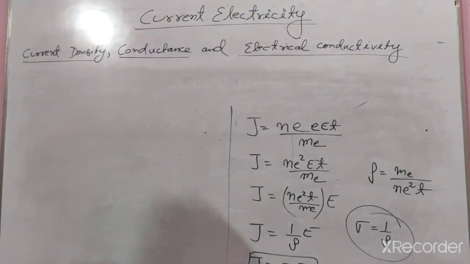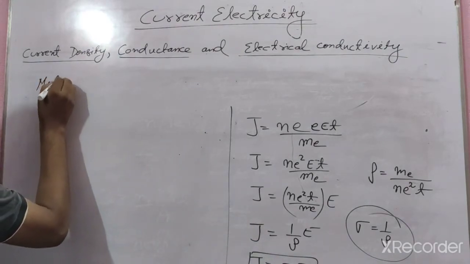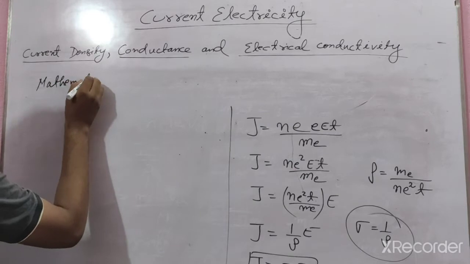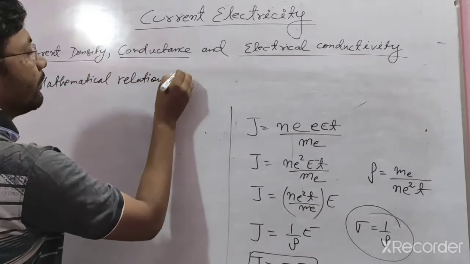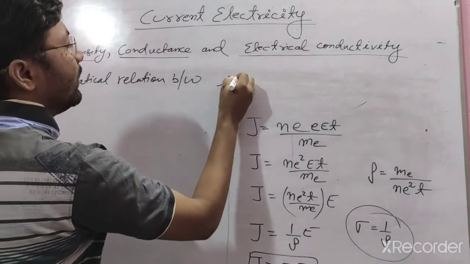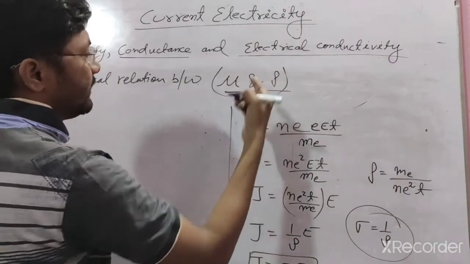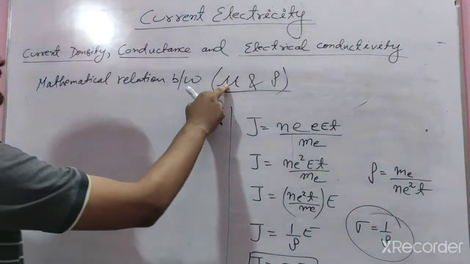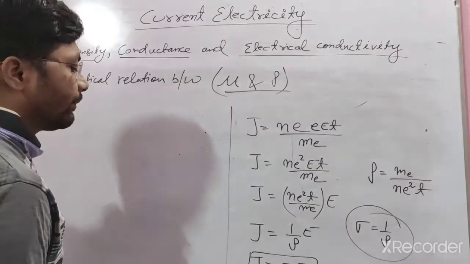Now there is the next important mathematical derivation: the mathematical relation between mobility and resistivity, where mu is mobility and rho is resistivity.